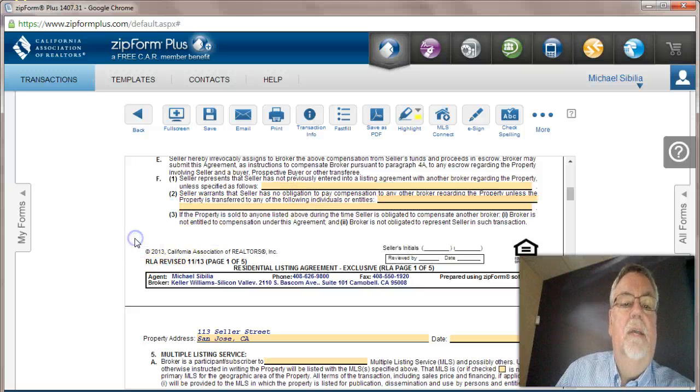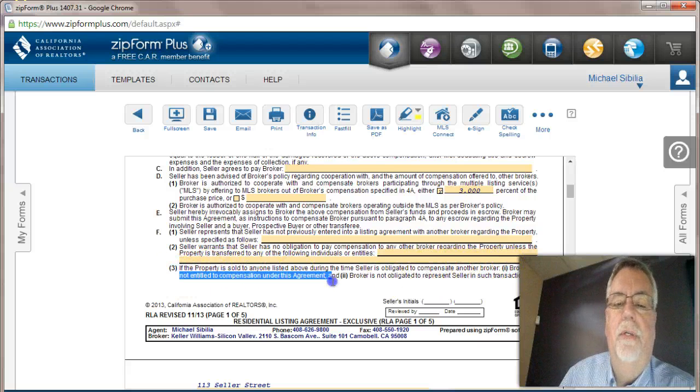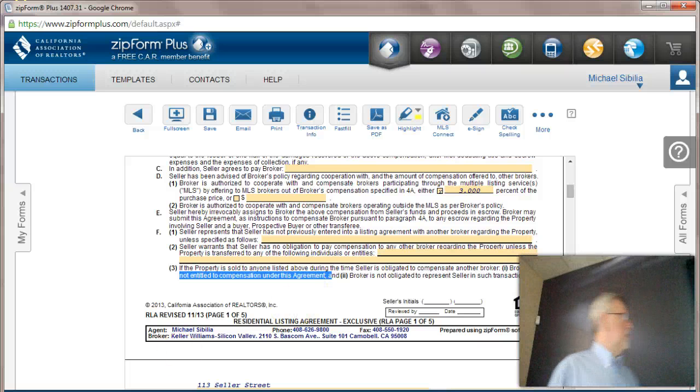What is that list of names? And then paragraph 3 under F says if the property is sold to anyone listed above during the time the seller is obligated to compensate the other brokers, broker is not entitled to compensation under this agreement. So basically, by the way, let me just make sure these two are clear.